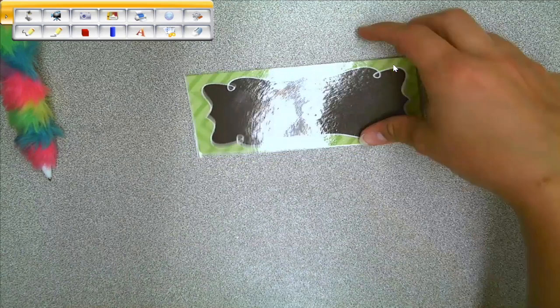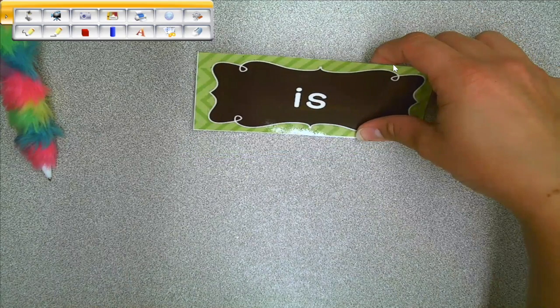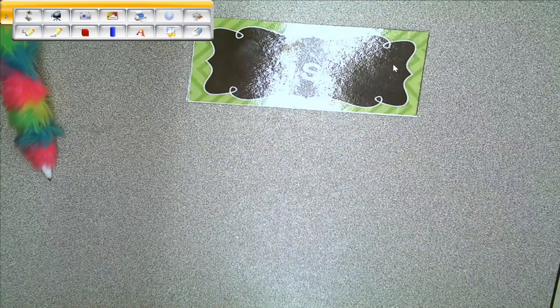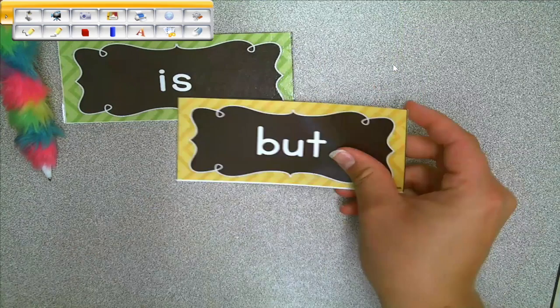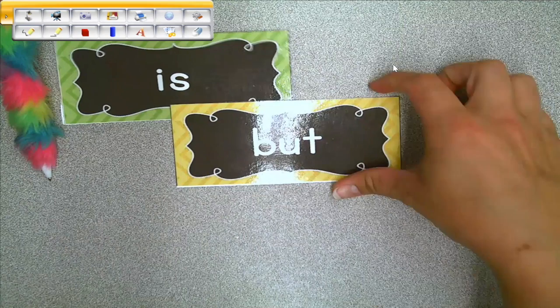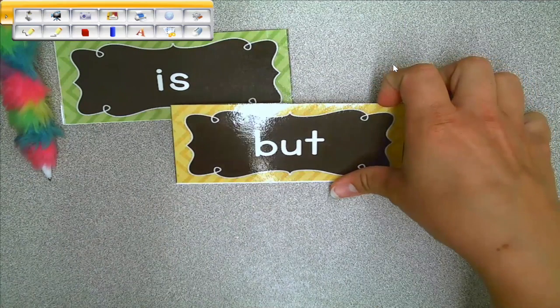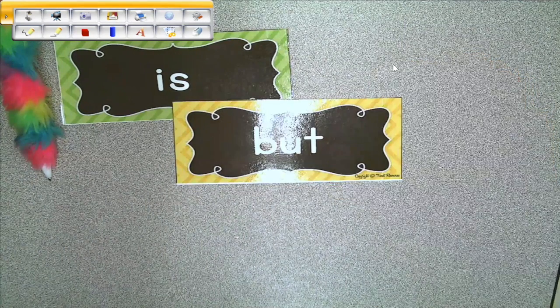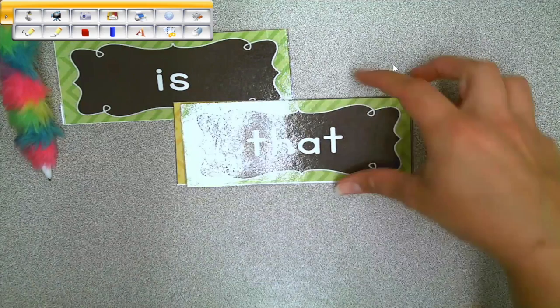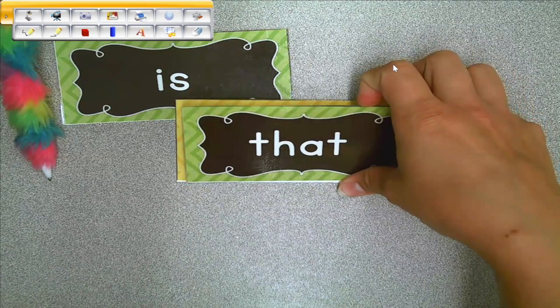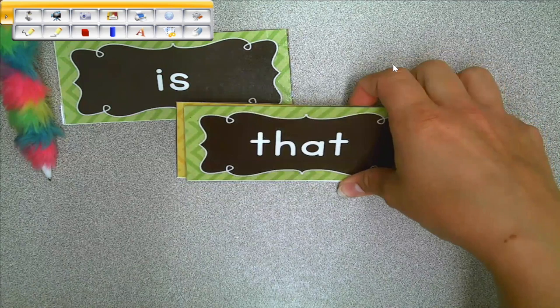So September is going to go on top of... Catch this word in your mouth. You should know it. What is it? Is. Very good. If you know this one, catch it in your mouth. What is it? But. With one T, yes. What is this word? Catch it in your mouth. What is it?